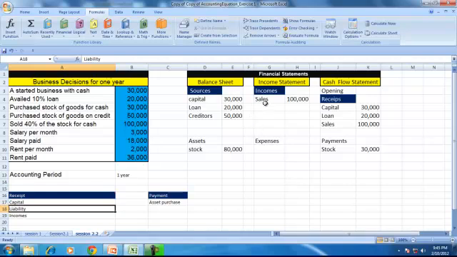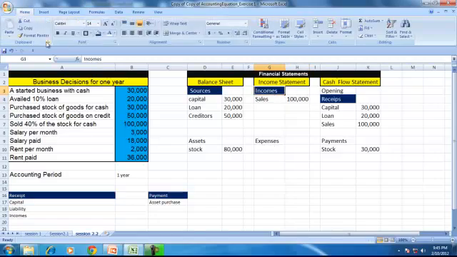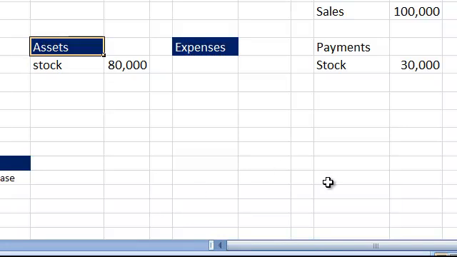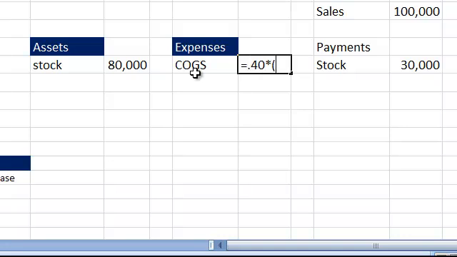But because of the matching principle, whenever there is a sale, there has to be a corresponding cost. Because of the matching concept, whenever there is a sale, there has to be cost of goods sold. And what is the cost of goods sold? The cost of goods sold is 40% of 30,000 plus 50,000.